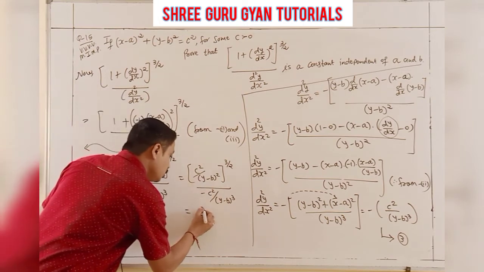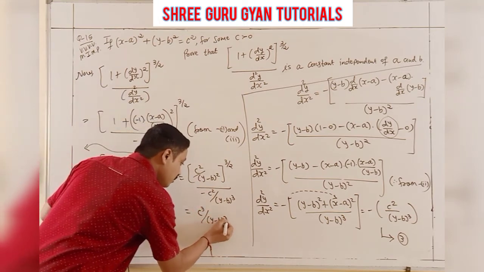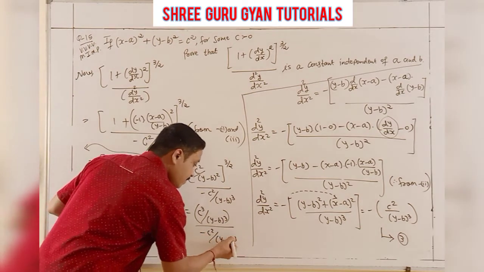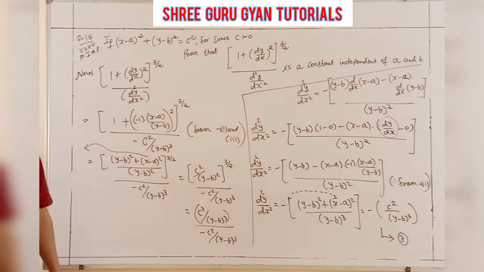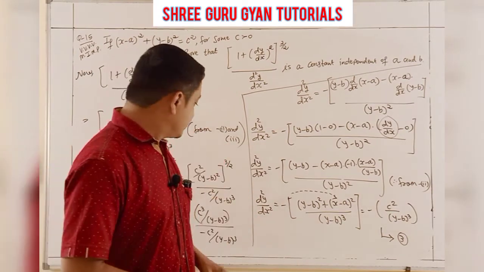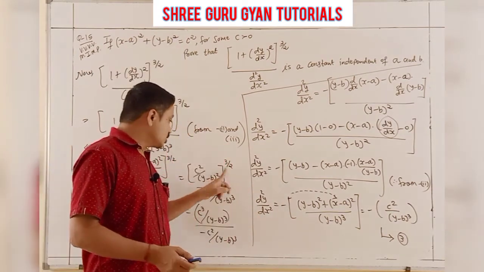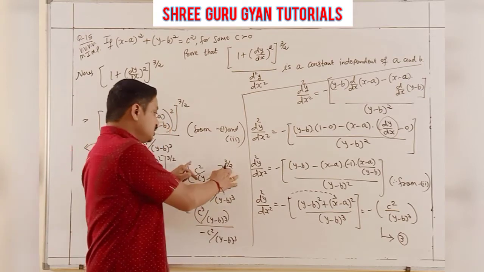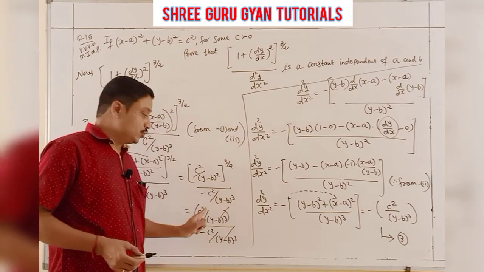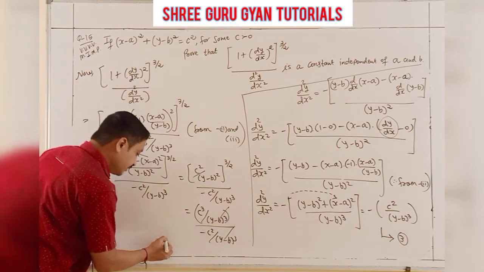It is c cube, (y minus b) cube upon. These are our final solutions. So students, after that you just do the 3 by 2 cutting, the 3 cuts, and this also cuts. You have only minus c.